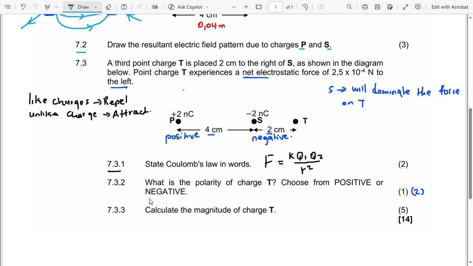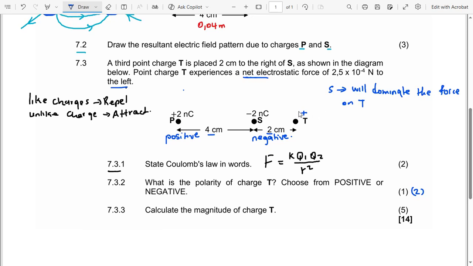what you're going to do next when you have this, you're going to analyze the interaction between S and T. So now I need to ask you, if T were positive, what will happen? Let's say if P were positive, what will happen? We know that we are comparing T and S. We know that this will be opposite charges.